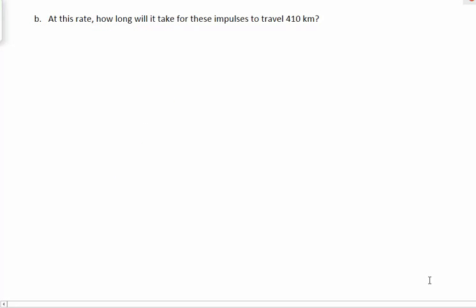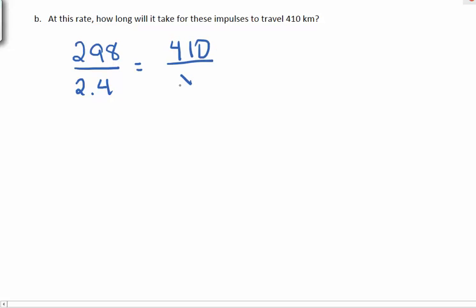Part B. At this rate, how long will it take for these impulses to travel 410 kilometers? So a rate indicates a proportion. So 298 kilometers in 2.4 hours, and we want to know 410 kilometers in how long. So anytime you see a proportion, we'll cross multiply.